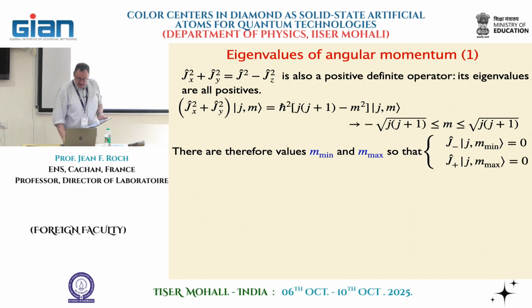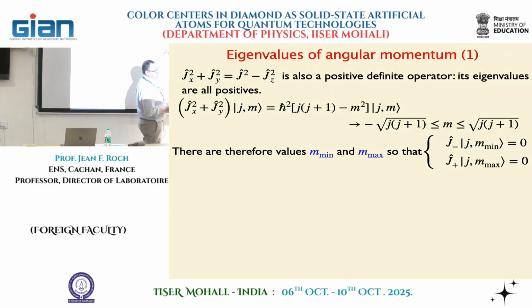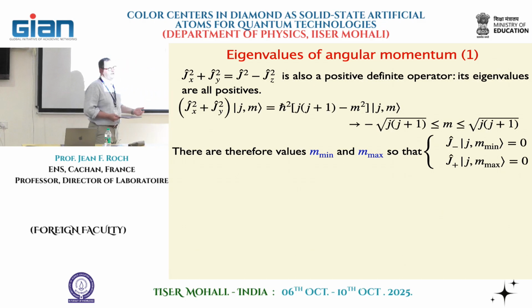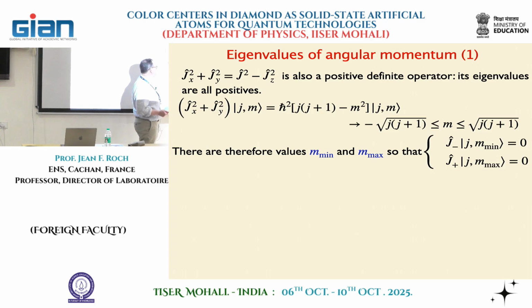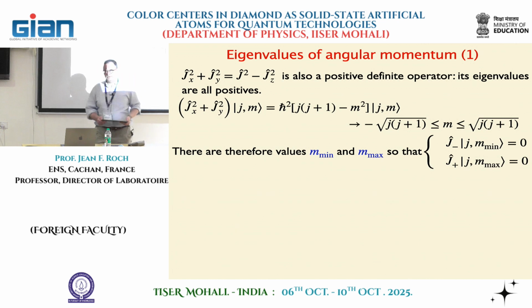If I take the ladder operator that decreases the m value and act on the state with the minimum m value, I will get 0. I cannot go below; m minimum is the minimum value of m. At the same time, there is a maximum value, and if I apply J plus on it, then I will have 0.